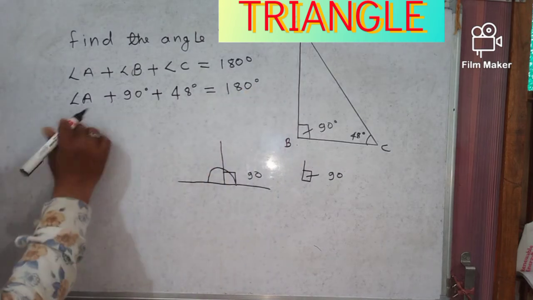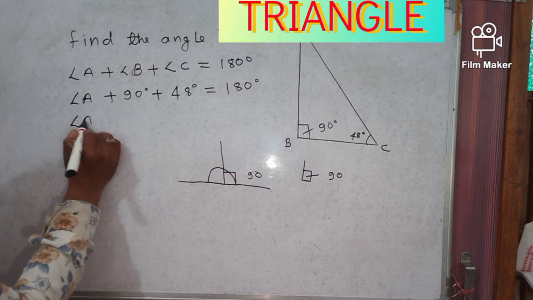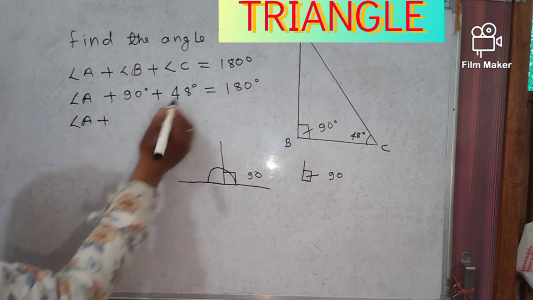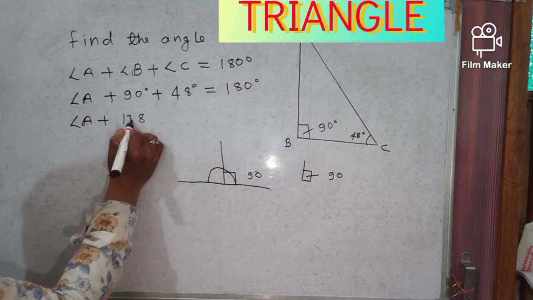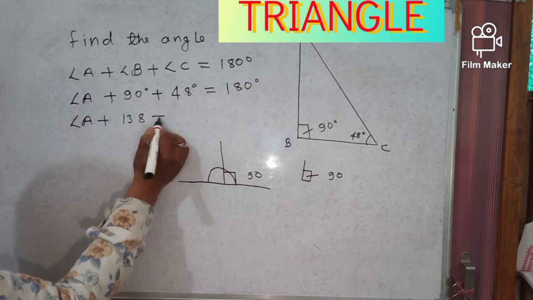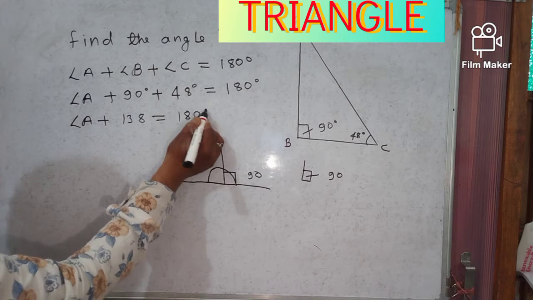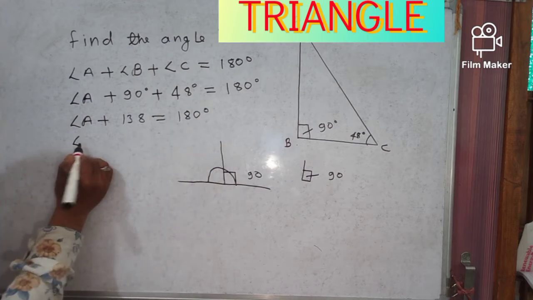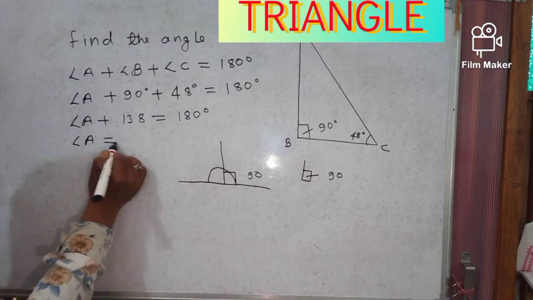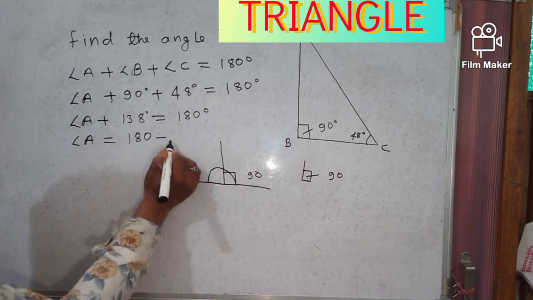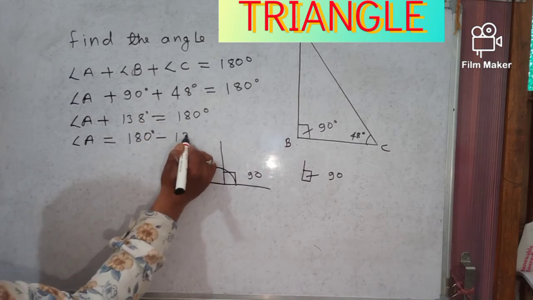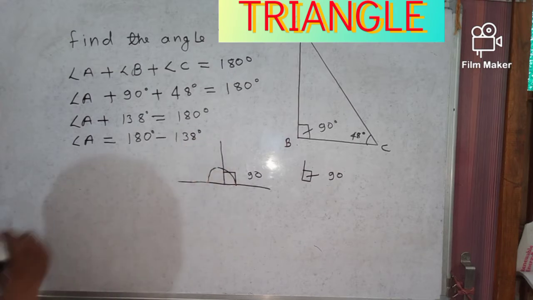Now add both, angle A plus 138 is equal to 180 degree. Angle A is equal to 180 degree minus 138 degree. Now subtract it.